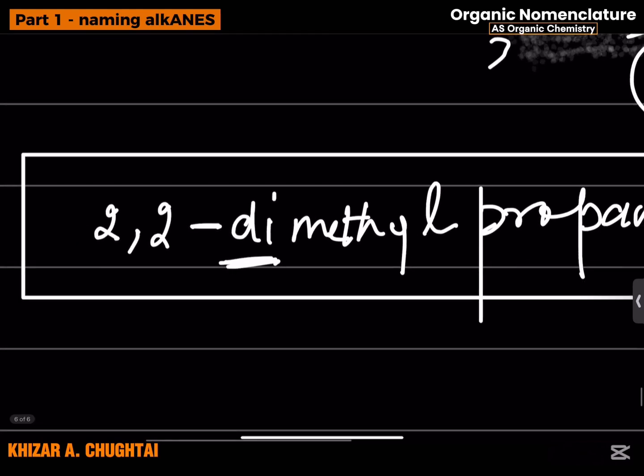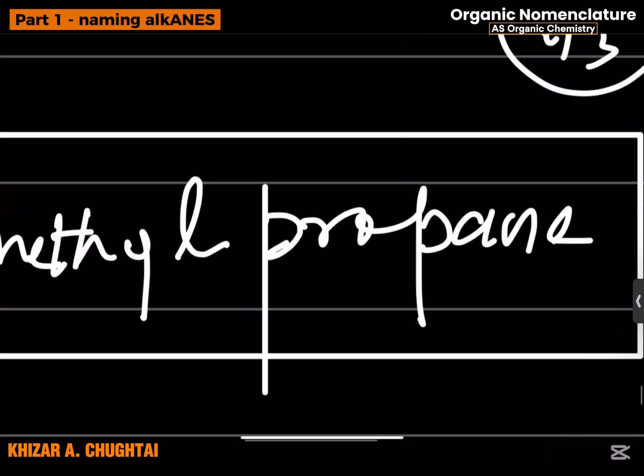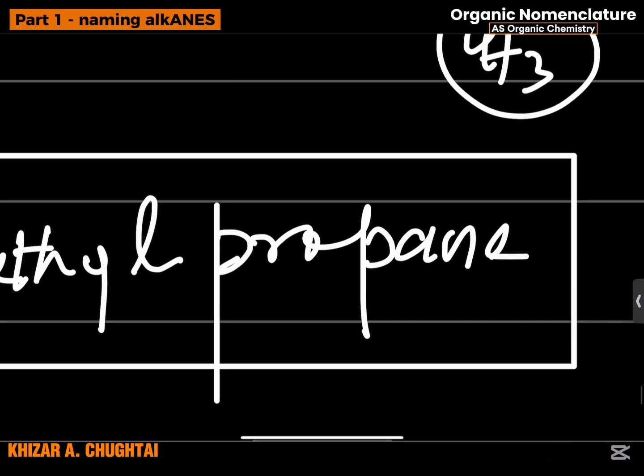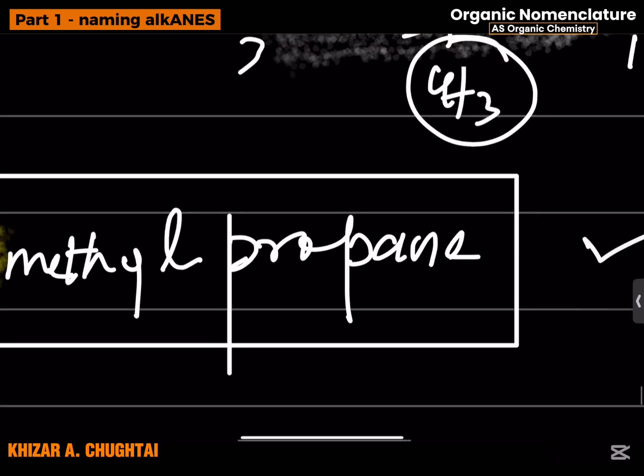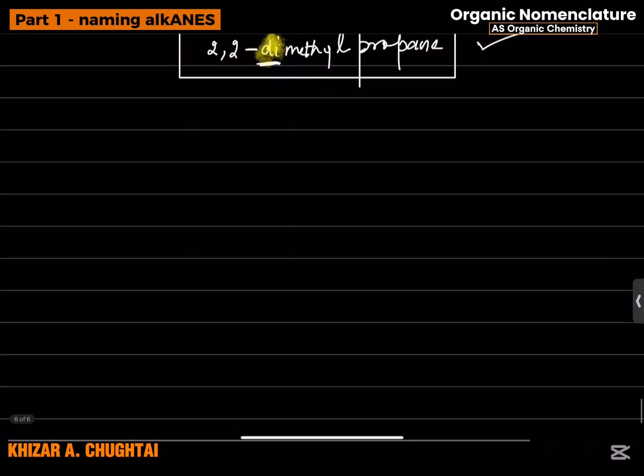Di is the confirmation of the branches. It is confirmed that there are 2 branches, then you will write di. 2, 2, they are in total 2 positions, and they are in total 2, di, methyl. Prop means how many carbon atoms are there? 3. Ane means all carbon single bond.